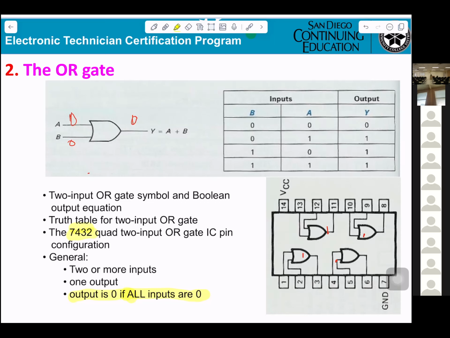Okay. And also telling you, inside same thing, you get 14 pins. Power down. And this is the first gate, second, and so on. What pin in, what pin out. Okay?